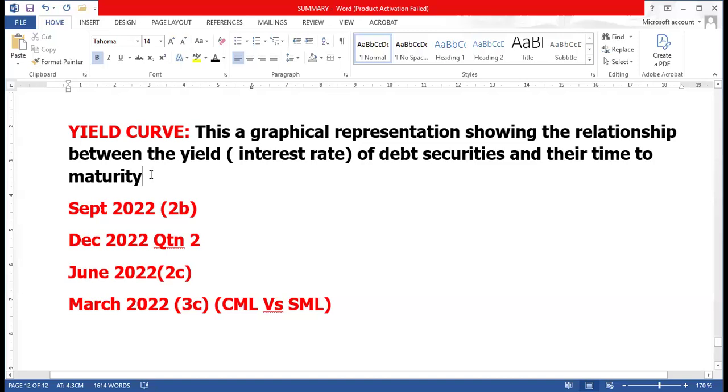So it is a key analytical tool in finance because it is going to help you find that you need to look at, should I give loans. You'll find that it is going to help you in terms of setting the rates as well.